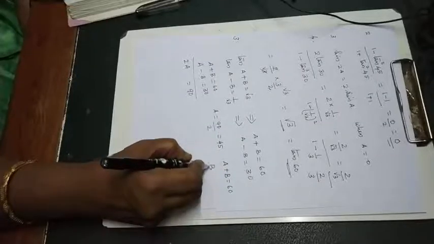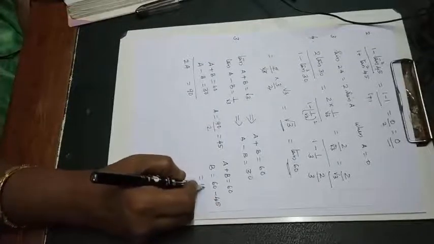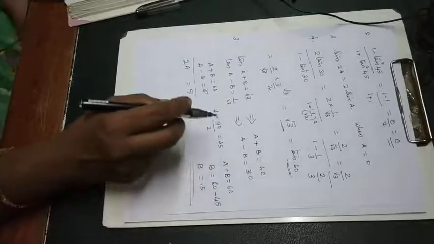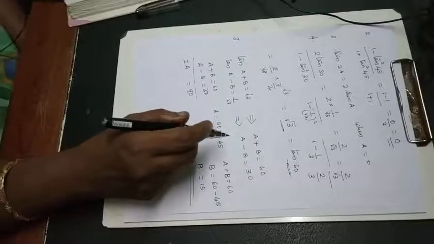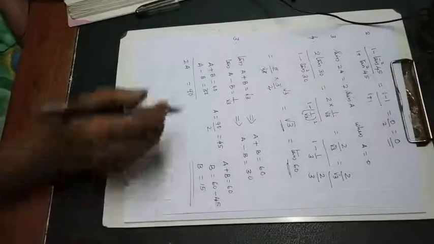So B will be equal to 60 minus 45, that is equal to 15. So angle A is equal to 45 and B is equal to 15.